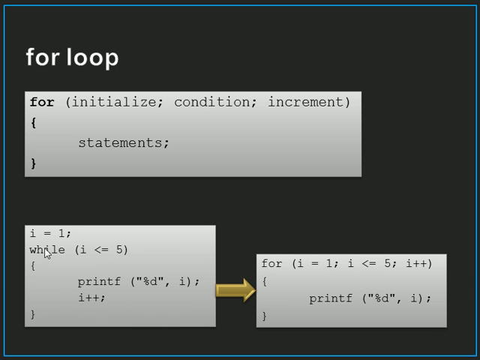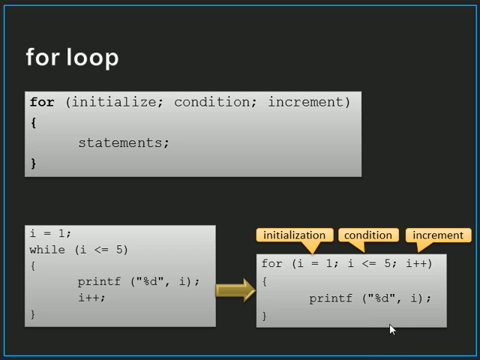So we have clubbed this in the for loop. For initialize i equals to 1, then check the condition, is i less than or equals to 5? If yes, print %d i, print the value of i. And then this i++ has gone here in the increment part. So i equals to 1 is initialization, this is condition, and i++ is increment.